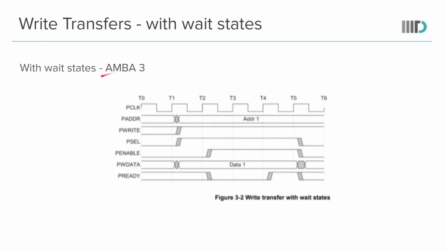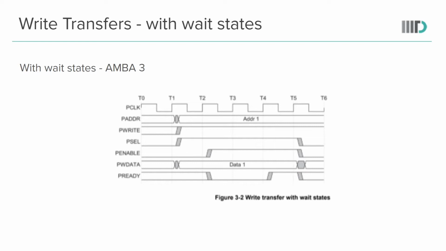So this was introduced in the AMBA 3 protocol, where we have wait states. In wait states, the P ready is used to extend the transfer itself. So by keeping P ready low for 2 clock cycles, we're essentially extending the number of clock cycles that is used to completely write the data onto the APB slave.